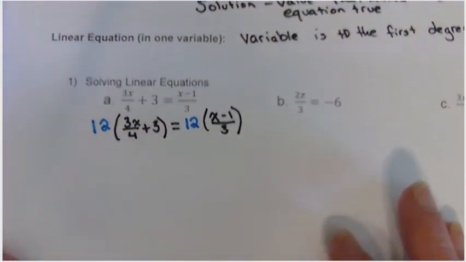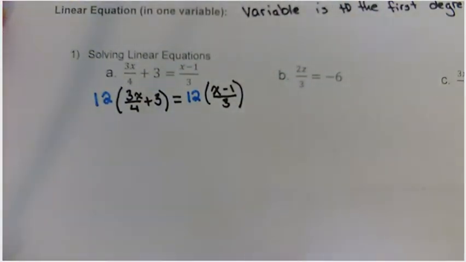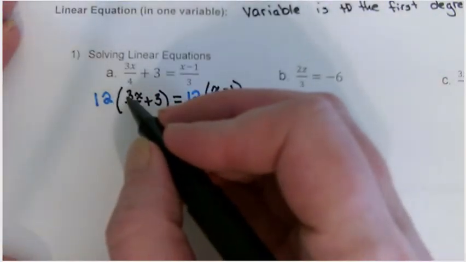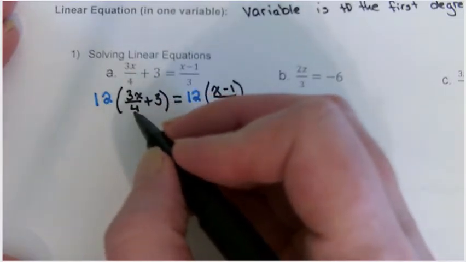And now we're just going to distribute. So, especially in these first few ones, I'm not going to skip a lot of steps, but I will talk about some things like when I multiply 12 times something over 4, I can divide that 12 by the 4.